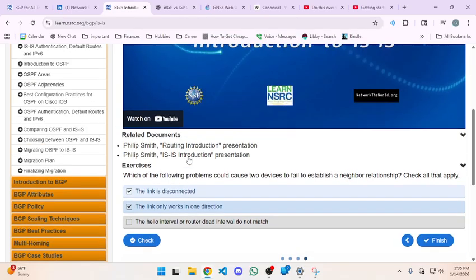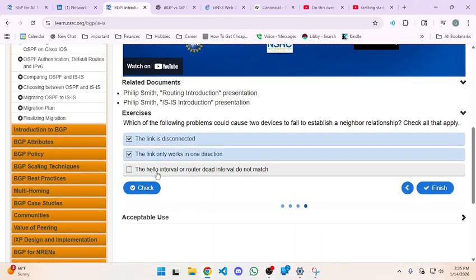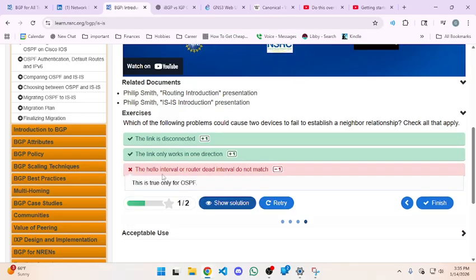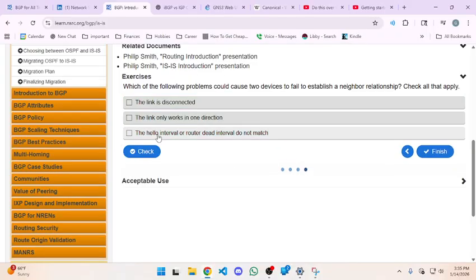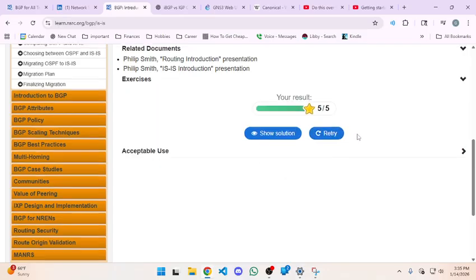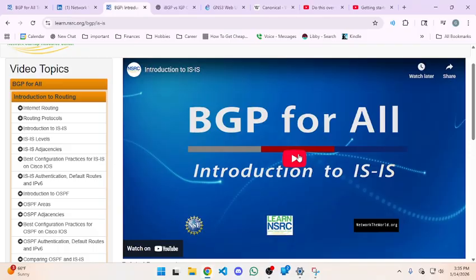So now we're talking about ISIS. We're not talking about OSPF. So in OSPF, this would be true. In ISIS, I'm not sure. I think it's also true in ISIS, but if I get this wrong, then I've gotten two wrong, so we'll watch the video. Yeah, it's only true for OSPF, so I'll definitely watch this video. So only these two are correct, not this one. Okay. All right, so I got two of them wrong, so let's watch the video.